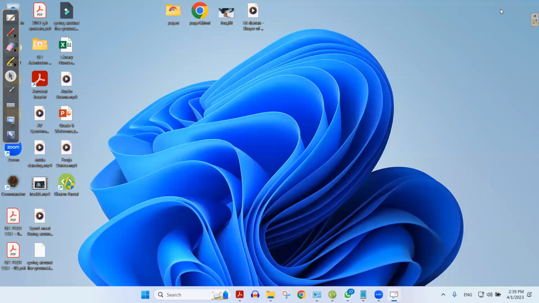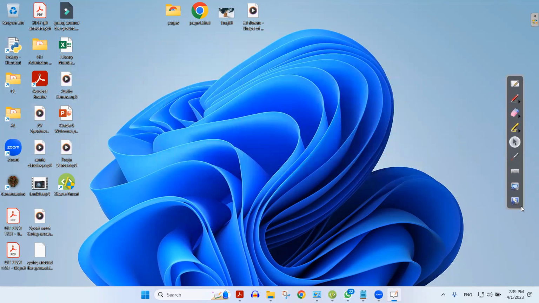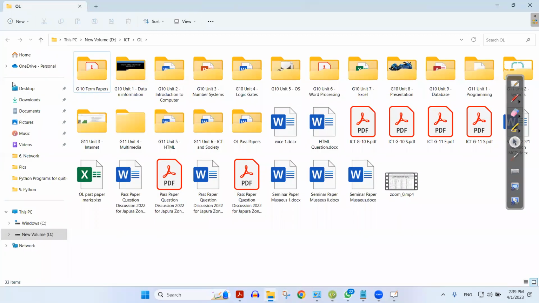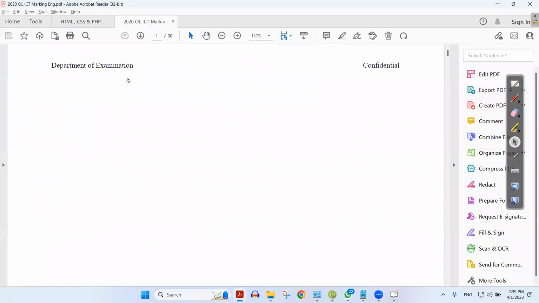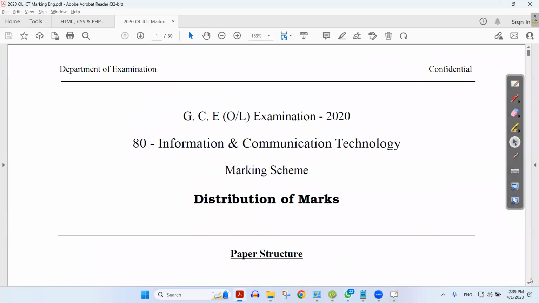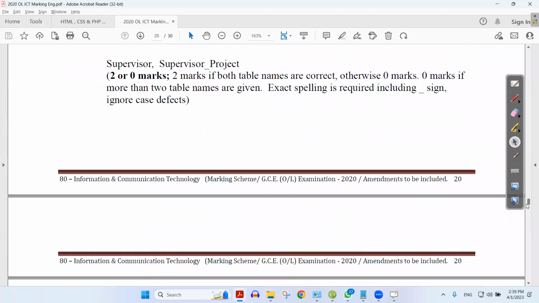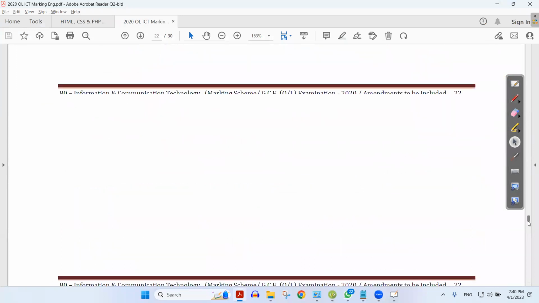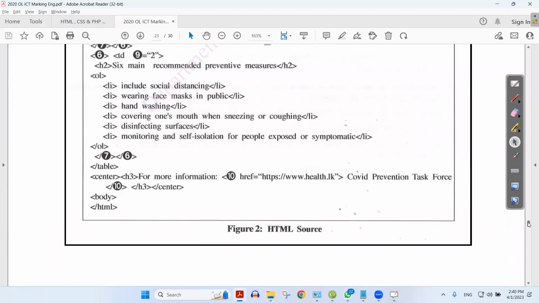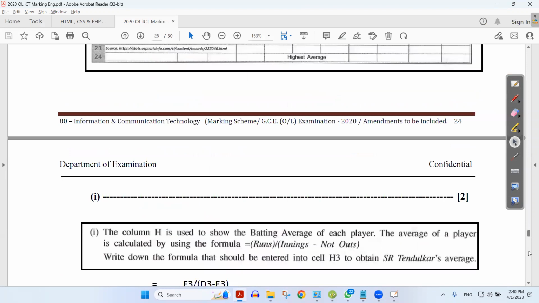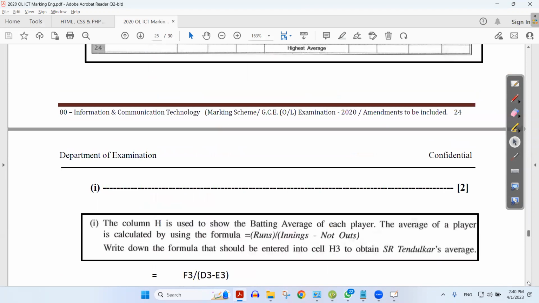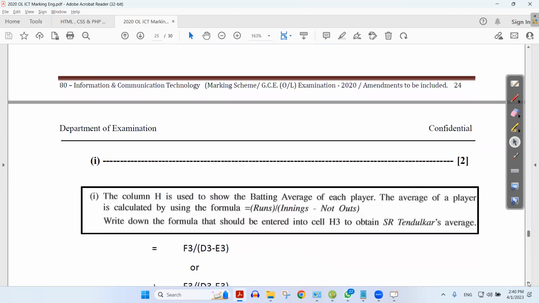Let's cross check that with the marking scheme as well. Yeah, there you go, the answer we are looking for.